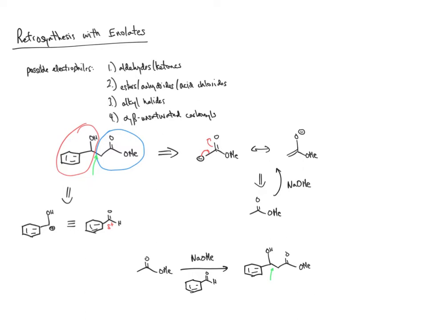Okay, so let's see if we can identify the enolate and electrophile pieces in a couple of other types of functional groups. All right, so let's start with this one. If we want to make this molecule, we have to identify an enolate piece and an electrophile piece. And to be consistent, I'm going to circle the enolate piece with a blue line and the electrophile piece with a red line.